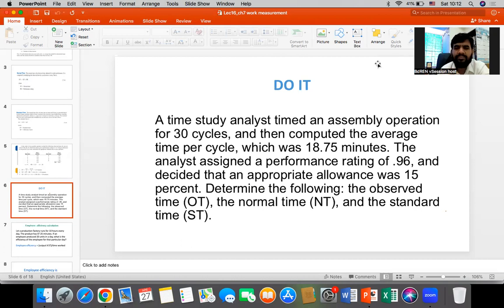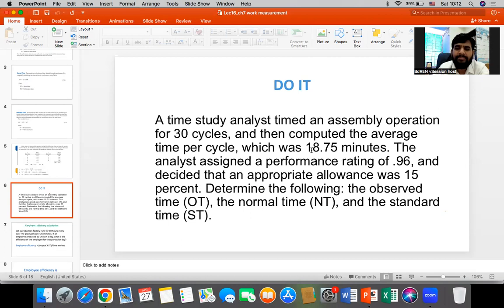Observed time means the average time. Total sum divided by number of observations. So what is the observed time here? 18.75 minutes.